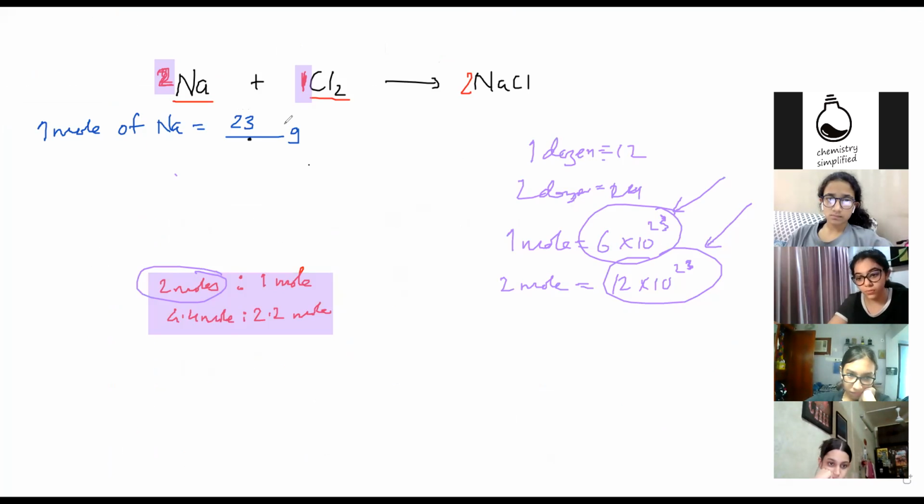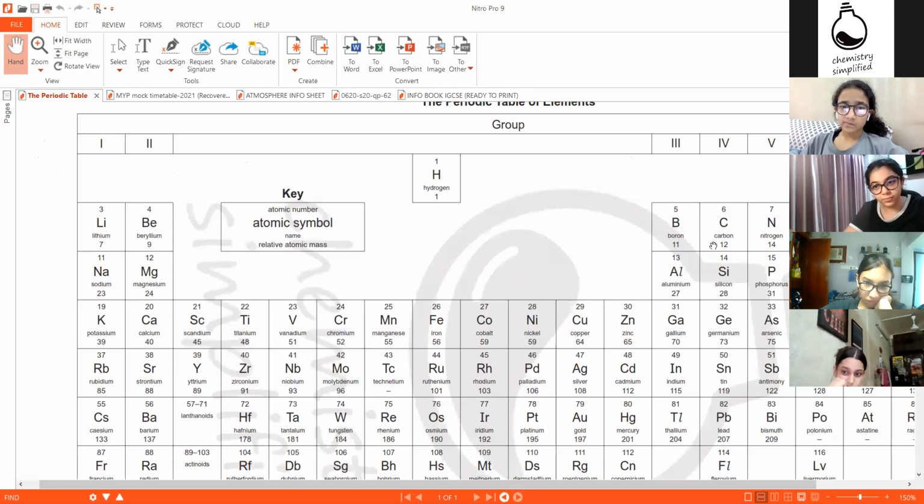Is everyone okay? Which means 1 mole of sodium is 23 grams. I'll take more examples. Suppose if I want to take 1 mole of carbon, then how many grams should I take? I should look at the periodic table and check the atomic mass of carbon. How much is the atomic mass of carbon? 12.